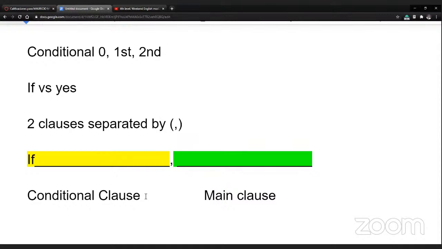So that is what I'm talking about: two different clauses separated by that symbol, comma. You see, two clauses. The clause which has the word if is called conditional clause. The other one is called main clause.